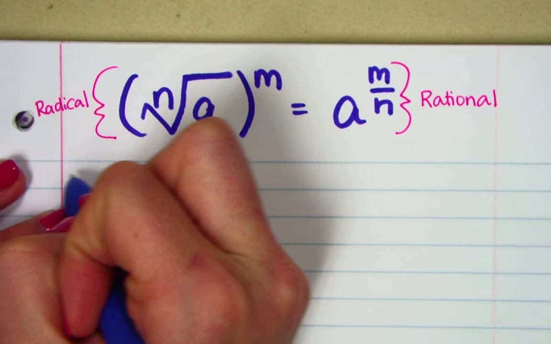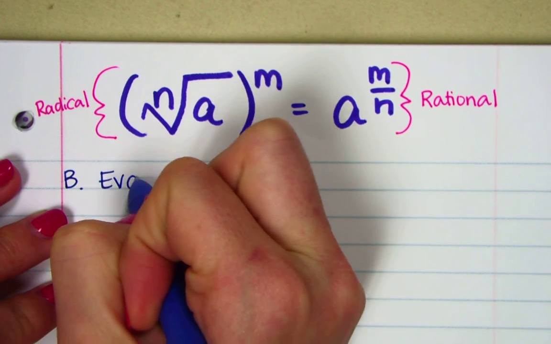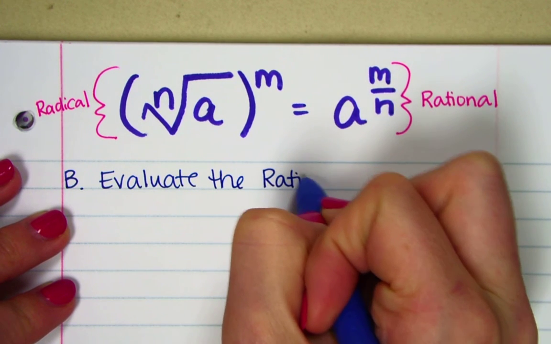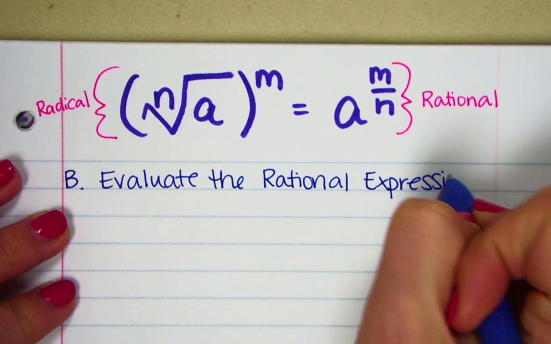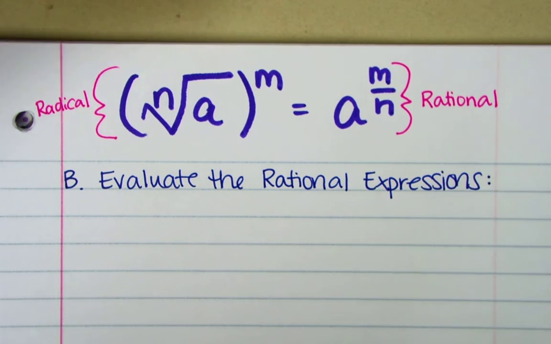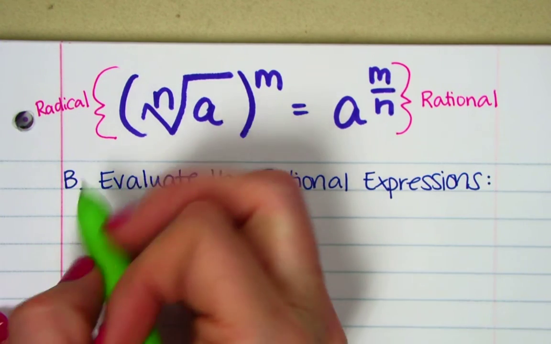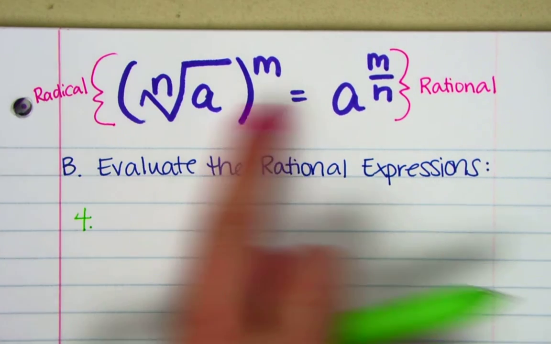So on part B, we're going to evaluate the rational expressions. We're going to go between one of these.